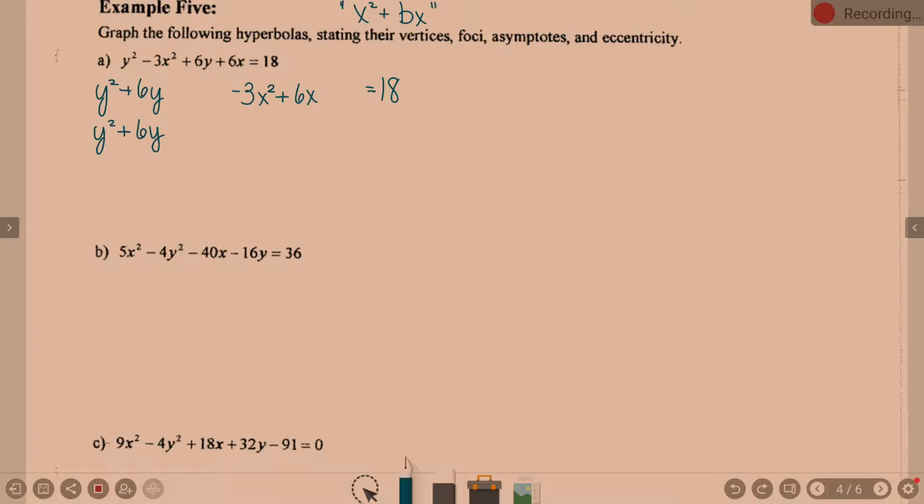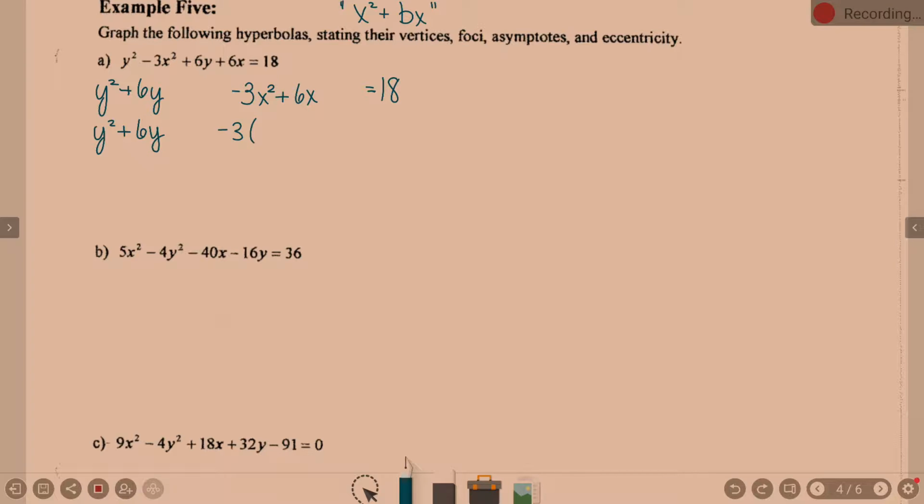We're going to factor out a 3, but specifically on that second set, you always want to factor out the negative. So even if it's just a 1 there, you want to factor it out and make it a positive 1, so you need to factor out -1. In this case, I'm going to factor out -3.